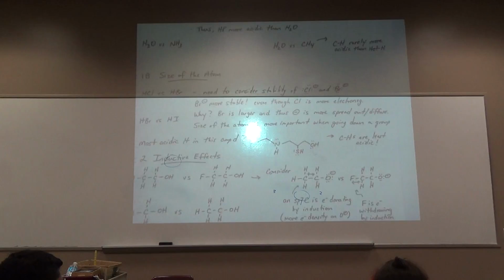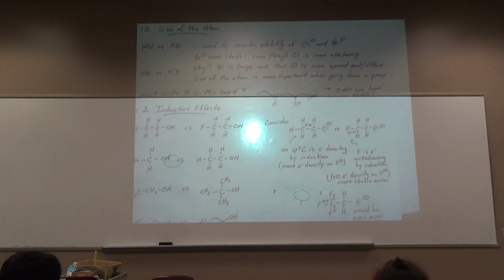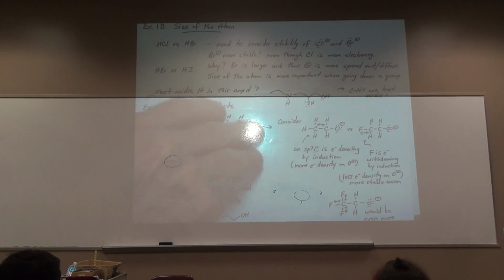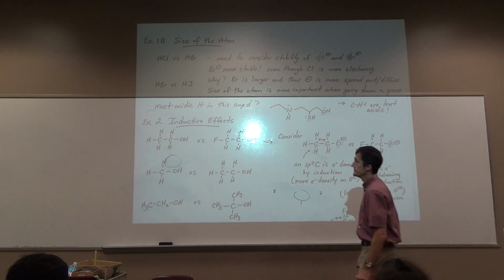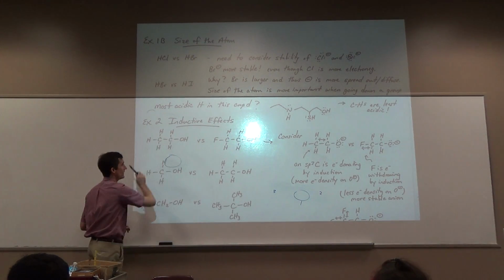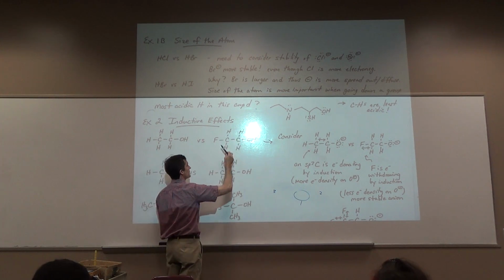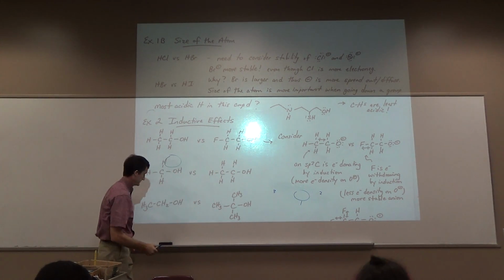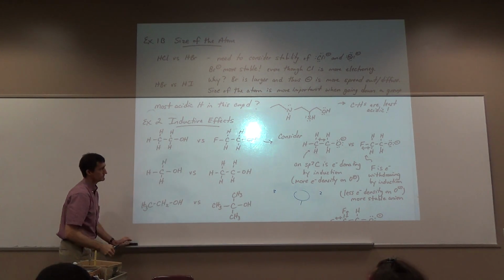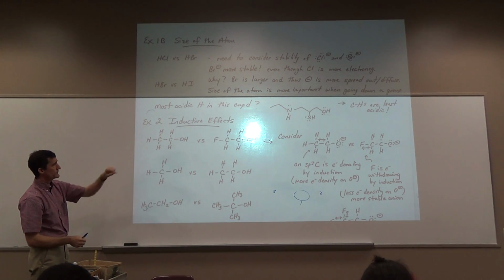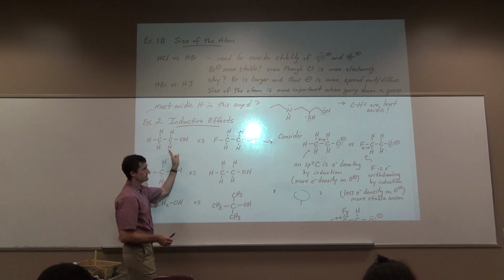There are other things to consider here. For example, number 2, inductive effects. Look at these two compounds. This 2-carbon alcohol versus, well, this 2-carbon alcohol. This one has a fluorine on it. All right, which is more acidic? Well, first off, what do we need to consider?